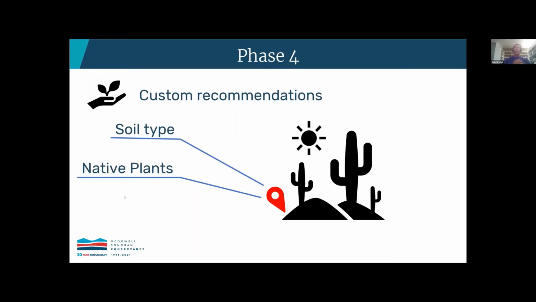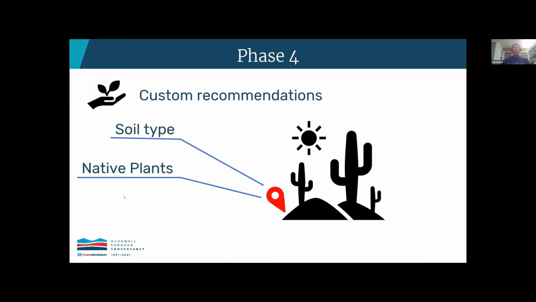And the fourth phase was trying to provide custom recommendations. Now, some sites can be restored passively simply by preventing further disturbance and let nature take its course. But other sites are so badly degraded that they need active restoration, including seeding, and it can be really difficult to figure out what's the right mix of seeds to use in a particular area.